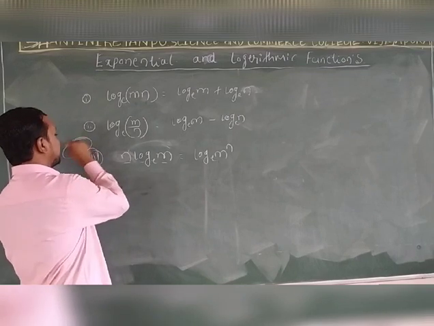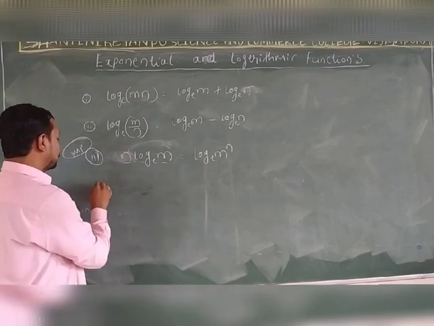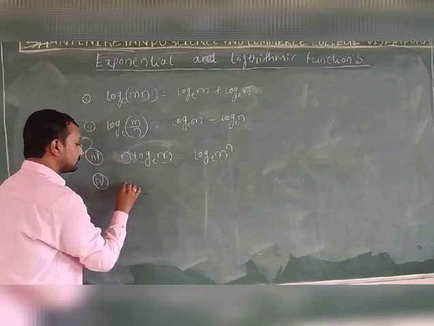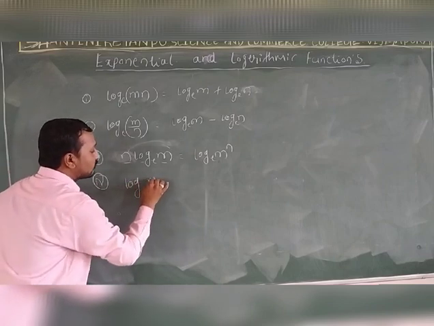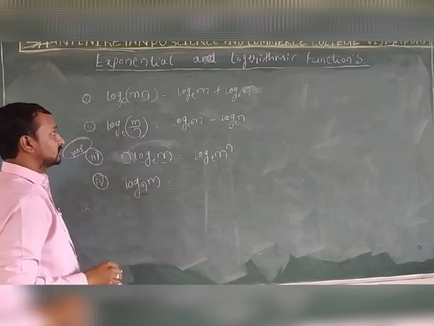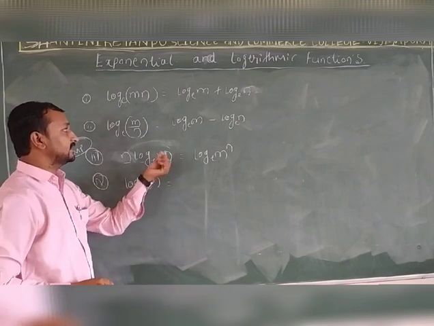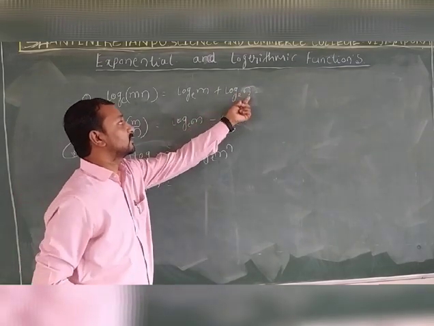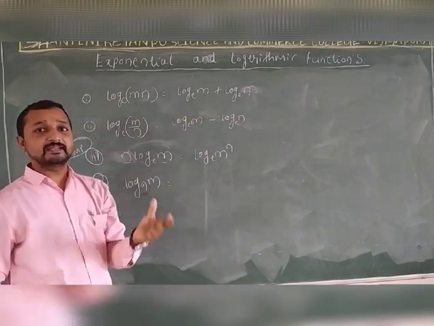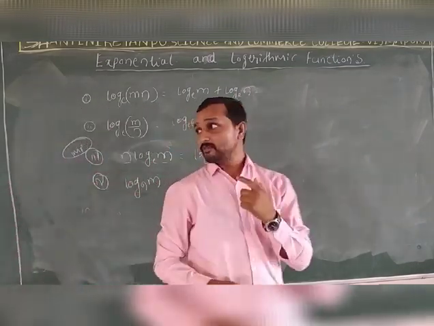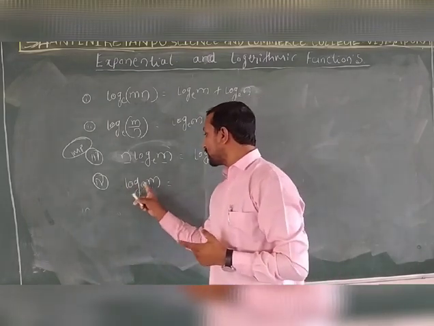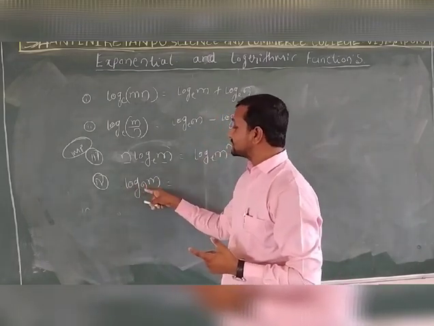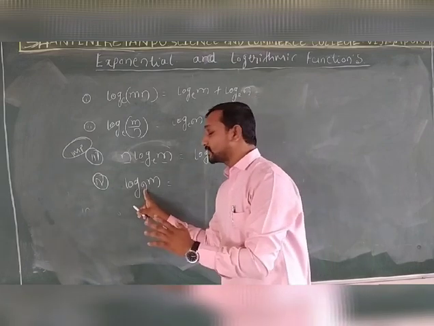The fourth property is log of m to the base n. Log of m to the base e has the natural exponential base, but here in this property, log of m is to another base n, so there is no exponential base.